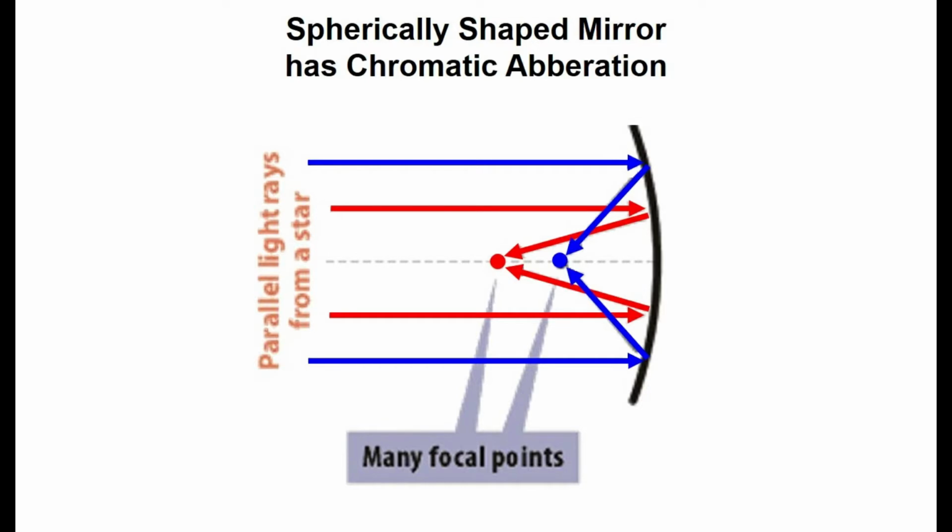The colors that make up white light focus at slightly different distances when reflected by a spherically curved mirror. This can cause objects in an image to have false colored tinted edges called chromatic aberration if your scope has a spherical mirror.